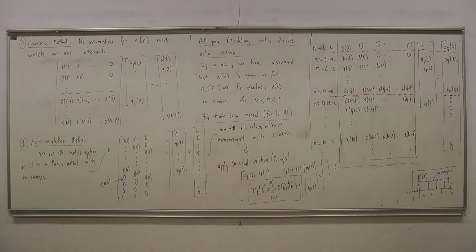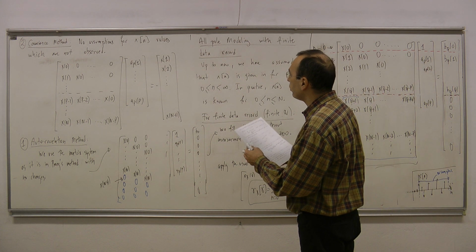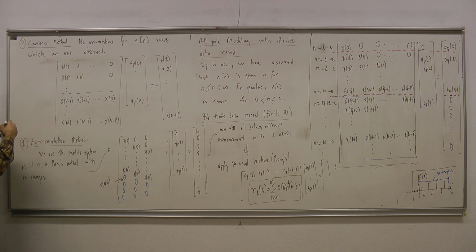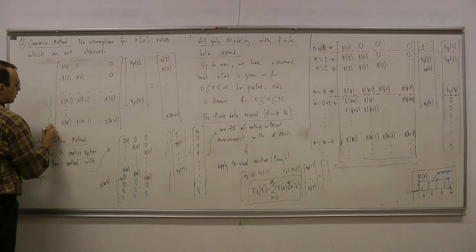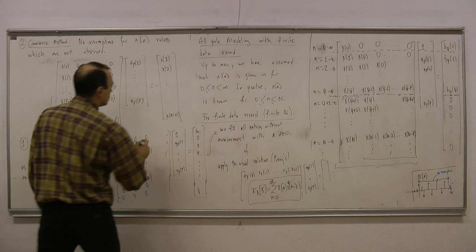N minus 1. So over here, what do I observe? I have only samples up to x of n. So the covariance method uses this part of this matrix.